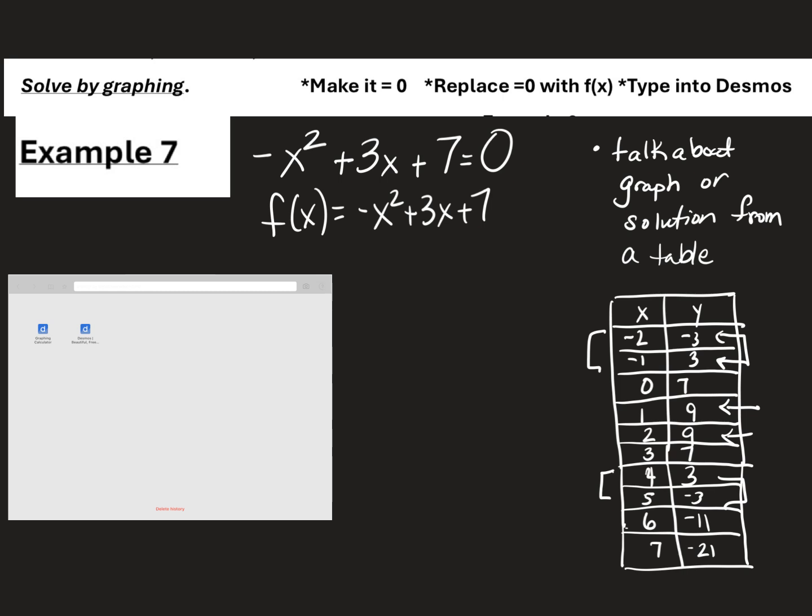So we know that the vertex would occur between 1 and 2, because those two numbers are the same. So this would be a solution, and this would be a solution.